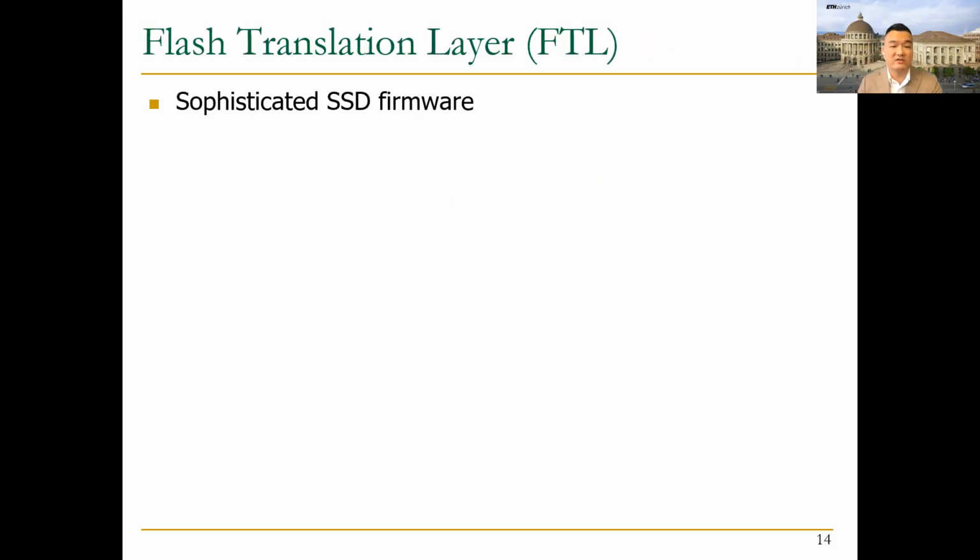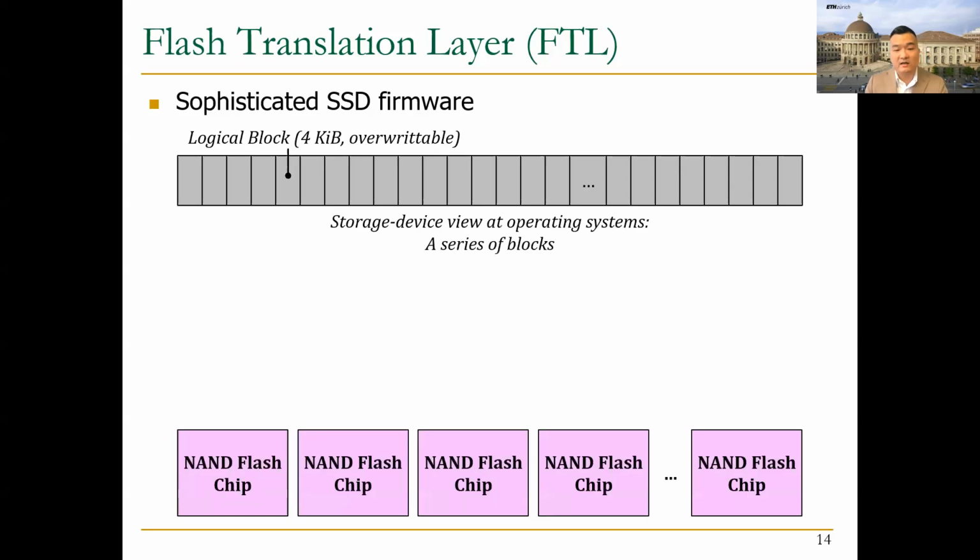So to deal with such unique characteristics of NAND flash memory, a modern SSD implements a sophisticated firmware, commonly called the flash translation layer, or FTL in short. Basically, by using NAND flash chips, an SSD needs to provide a storage device view to the operating system as if the storage device consists of contiguous data blocks, each of which is 4 kilobytes in size and can be overwritten.